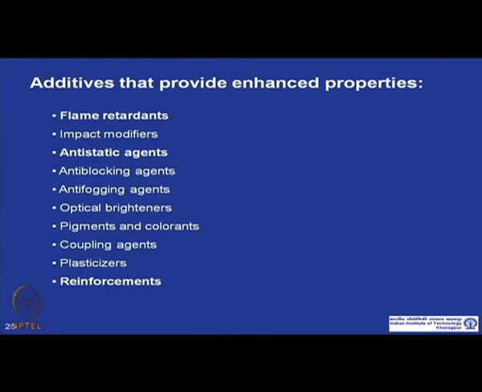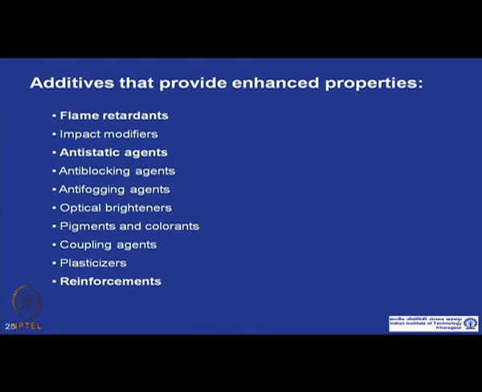Impact modifiers, anti-static agents, anti-blocking agents, anti-fogging agents, optical brighteners, pigment colorants, coupling agents, plasticizers, reinforcements. So many things can be added to enhance the properties, and obviously you cannot add all of these for every polymer, and it depends upon the final application.